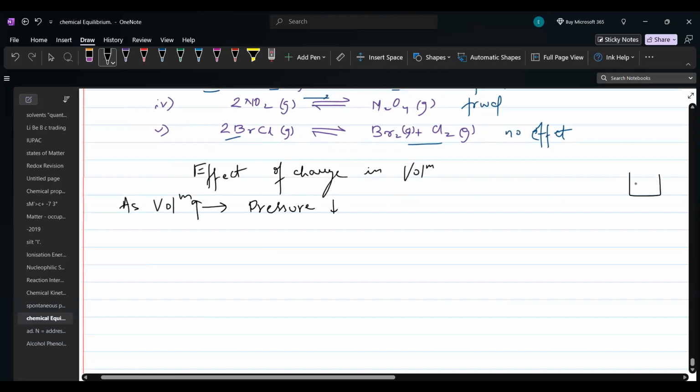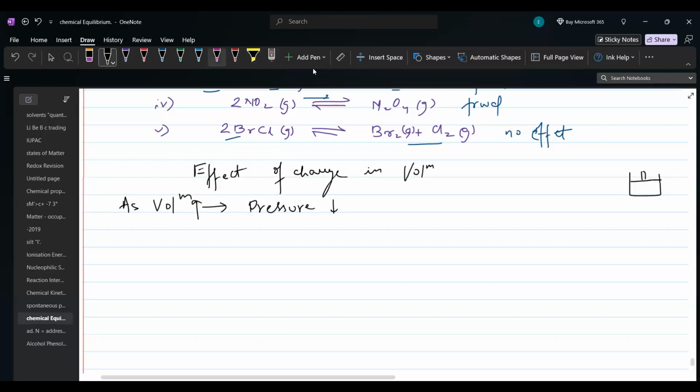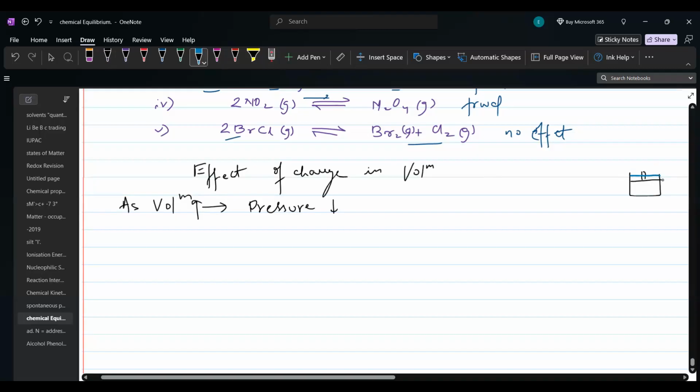If you have some doubt, you have already done thermodynamics. When we increase the volume, when we move the piston in the upward direction, the volume increases and the pressure automatically decreases. As volume increases, pressure will decrease.